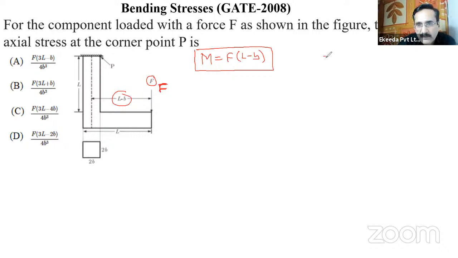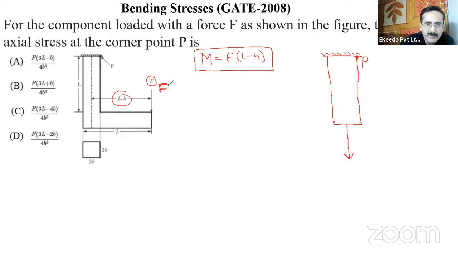So the net resultant of this frame will be like this. I am making it now. So this is our frame, and this is the point P where we want to find our stress.